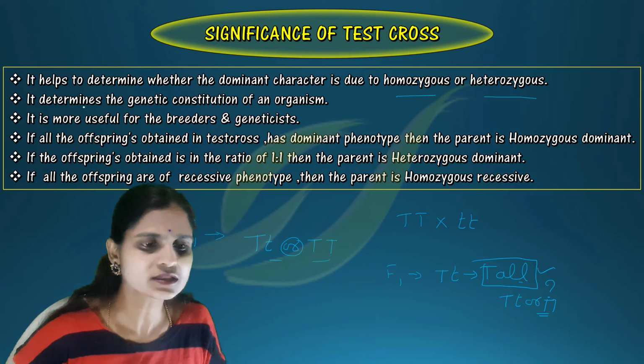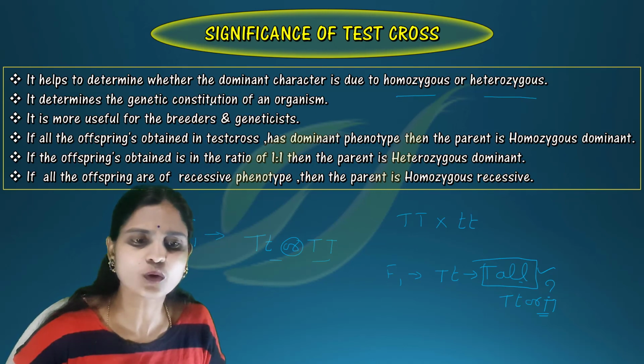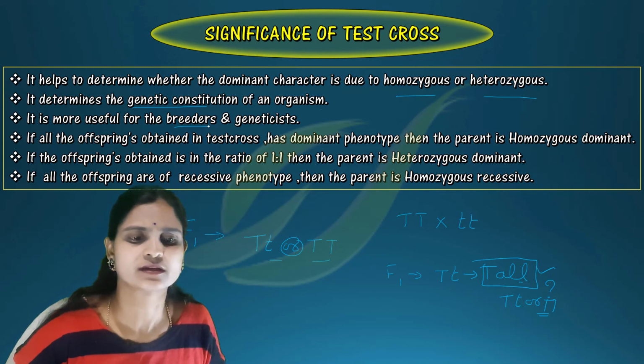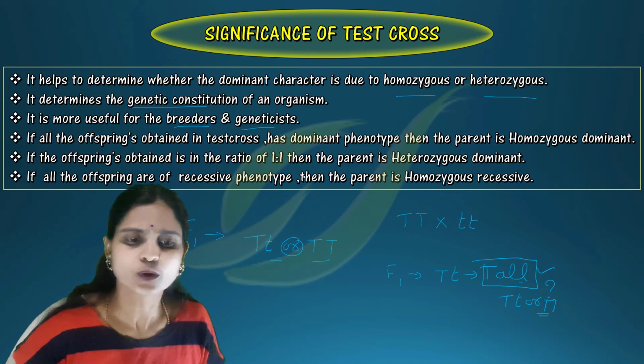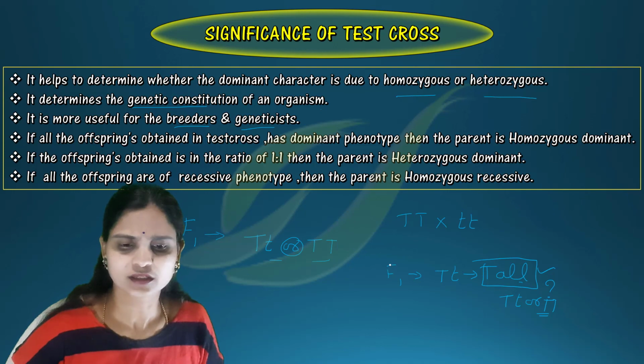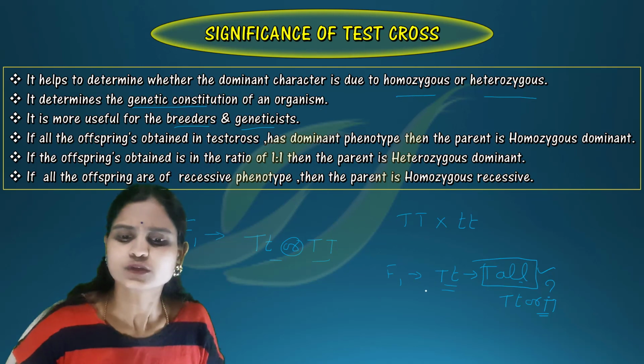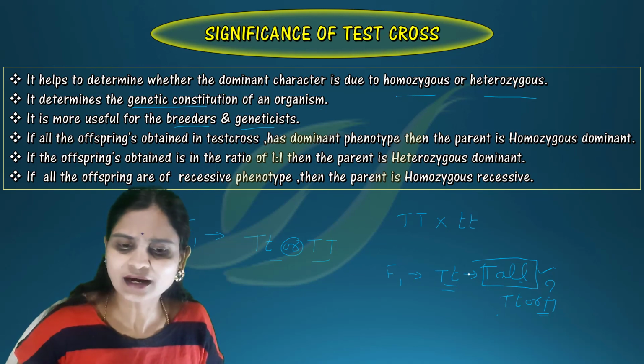Next, it determines the genetic constitution of an organism. So the complete genotype we can make out, and it is useful for breeders and geneticists. Imagine the breeders want heterozygous tall: if they know the plant is heterozygous, they will continue.